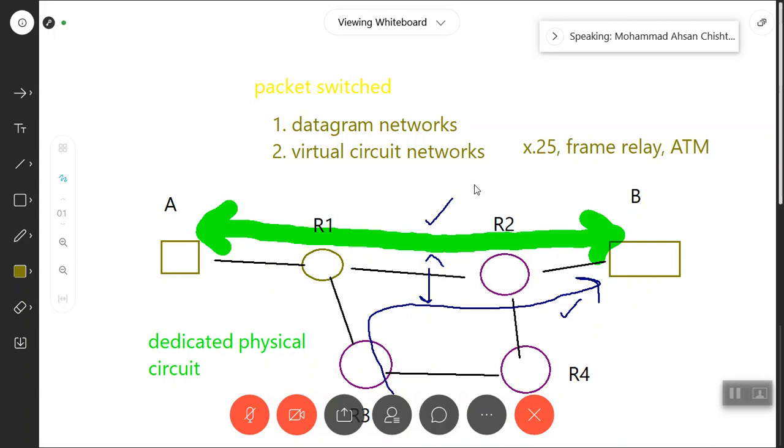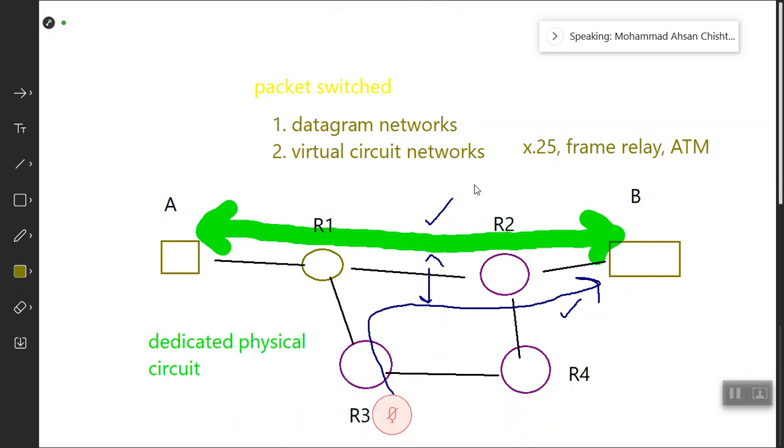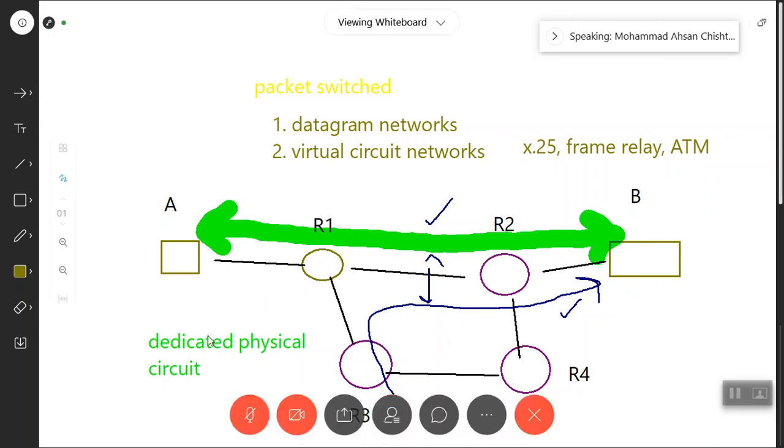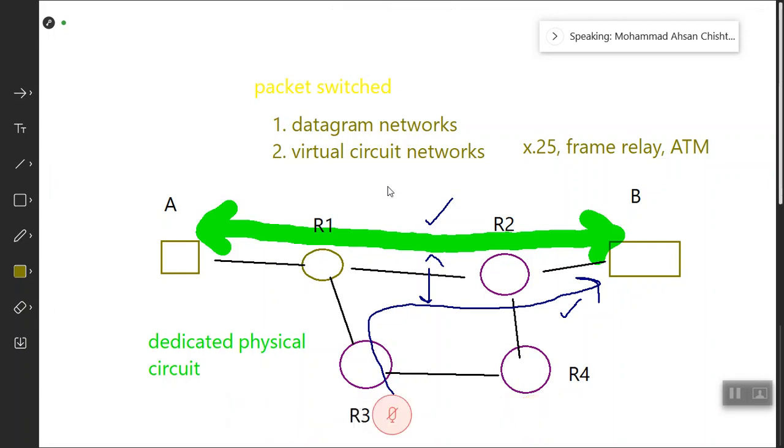So we say the connection is cleared, or the virtual circuit is cleared, after data is completely transmitted. That's why virtual circuit is known as a connection-oriented service. As of now, keep it in mind. I will come to it in future classes, what is connectionless and connection-oriented service, when we take TCP and UDP.